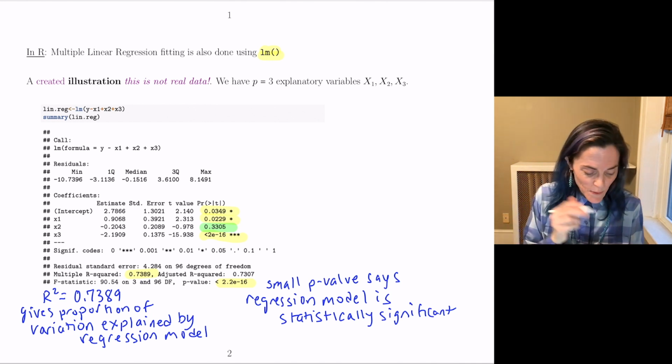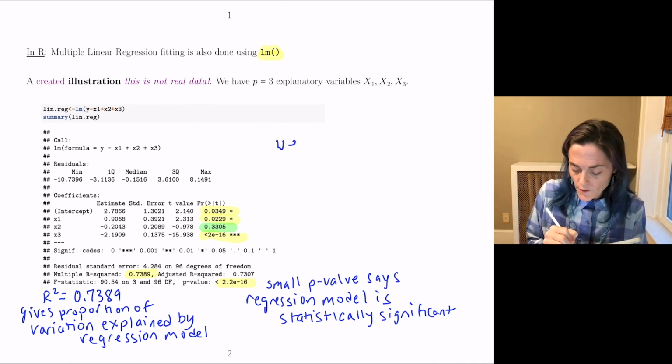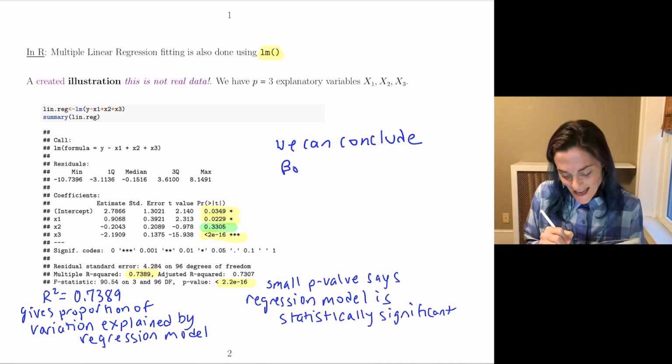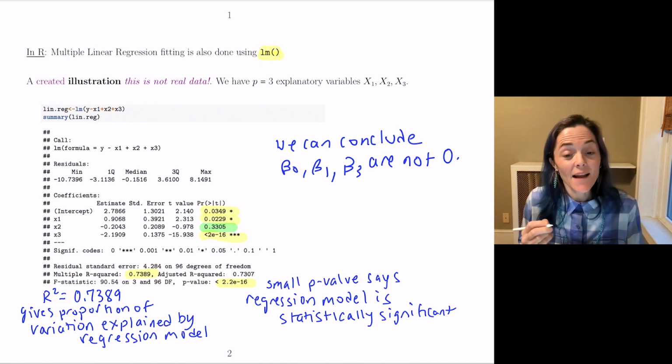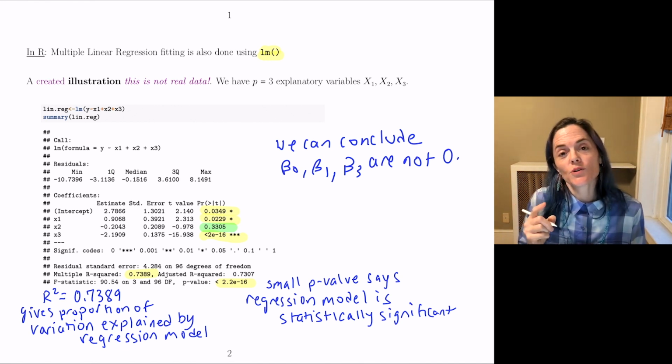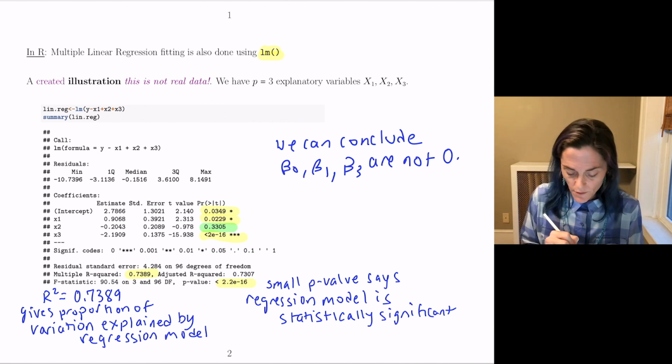So based on these p-values, we can conclude that beta 0, the intercept, beta 1, and beta 3 are not equal to 0. We cannot conclude that about beta 2. We have a high p-value.